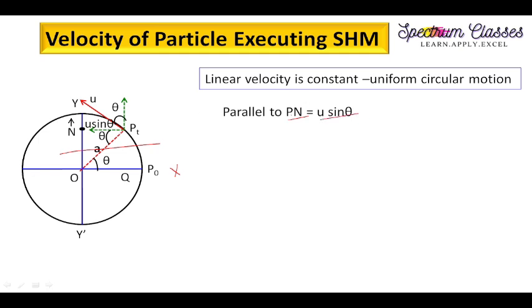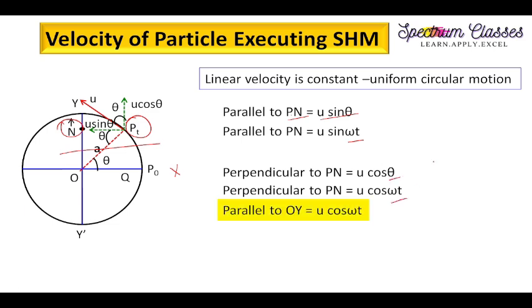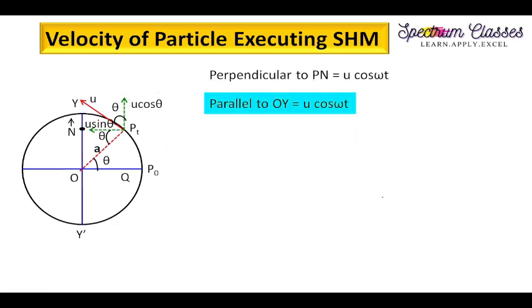Now this theta can be replaced by omega t, as I told you earlier. Similarly, perpendicular to this PN, the component of u is u cos theta. On replacing the value of theta, we get omega t. So parallel to OY, in this direction, this is u cos theta, which is u cos omega t.